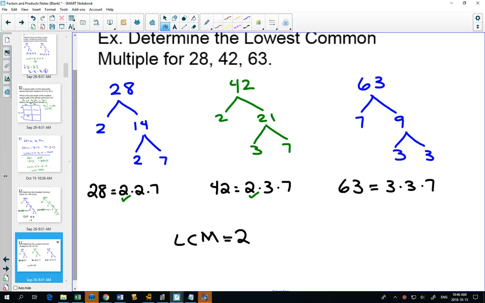Do we need to include another 2? Yes. So we need to include another 2 to include that 2. Next, do we have any 3's? Yes, we have 3's. So if I include a 3, that would check off a 3 from there and a 3 from there. But I have another 3. Now I've used up all my 3's.